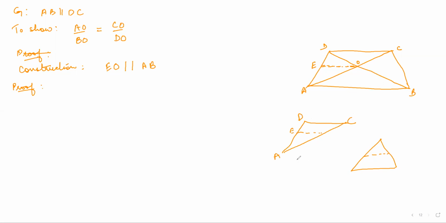Then the other time I can take this lower triangle because EO is also part of this. Getting the point? So on the left side, both the triangles I'll take. One's the top one, one's the bottom one. Understood? Okay. So let's take the top triangle.